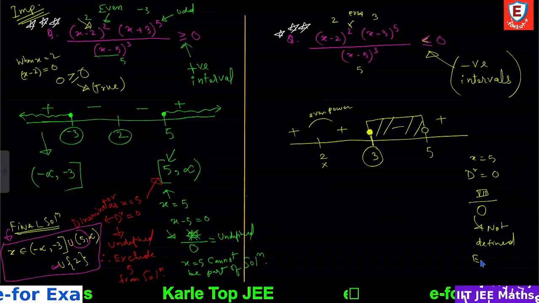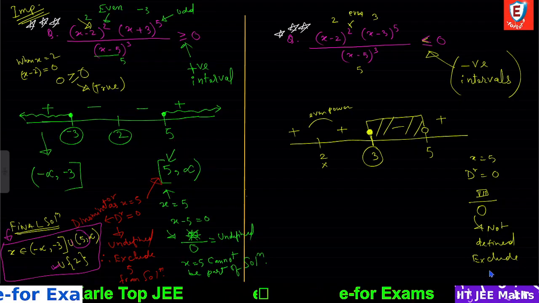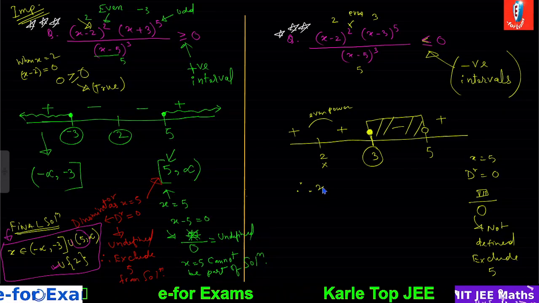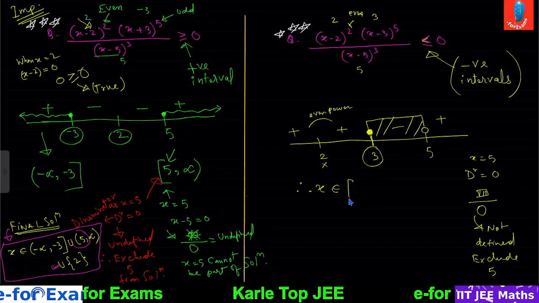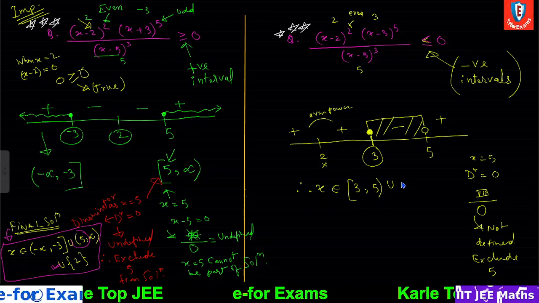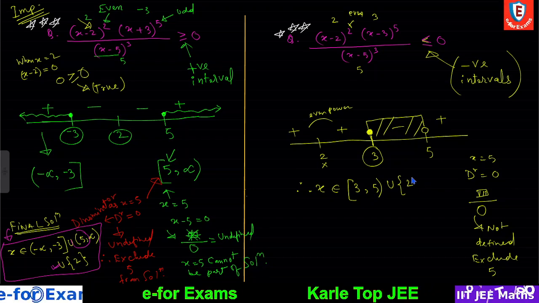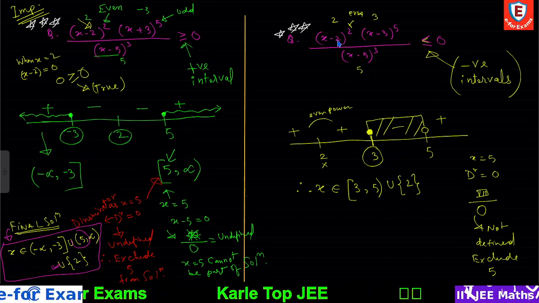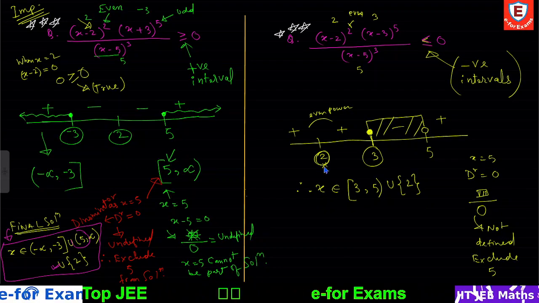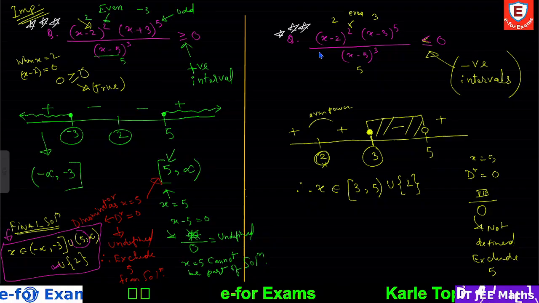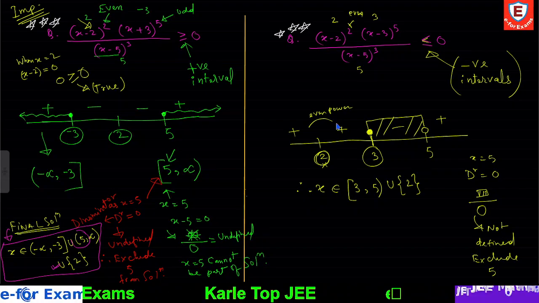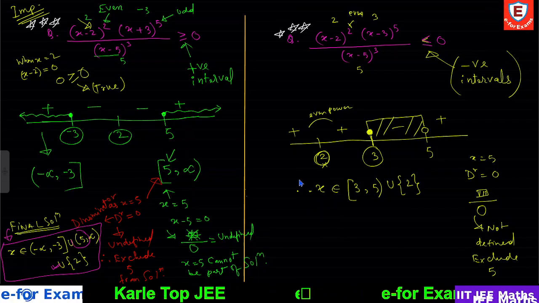So exclude 5. Therefore x belongs to closed interval 3, 5 open, union singleton set 2. Same thing here: check this point. If you put 2 here, everything becomes 0. 0 less than or equal to 0, it's true. That's why this is the final solution.